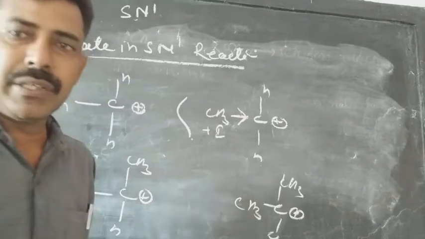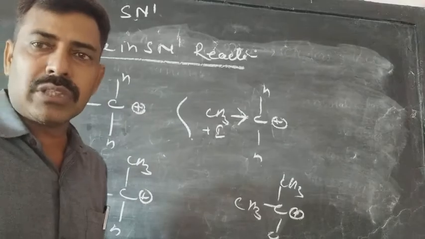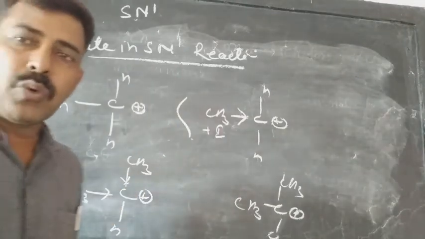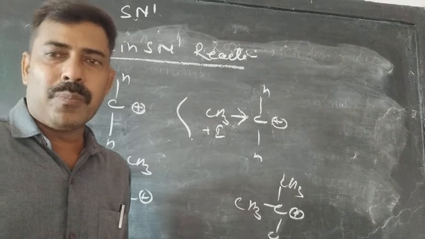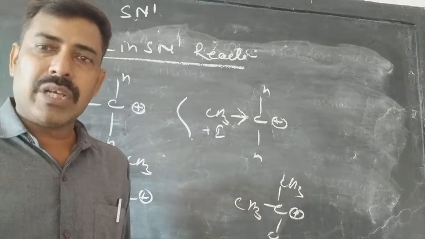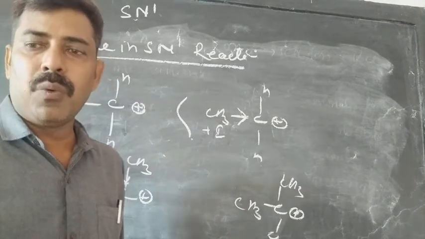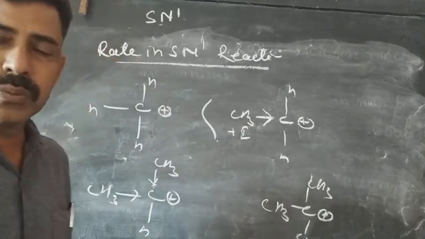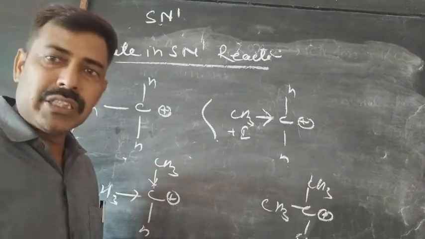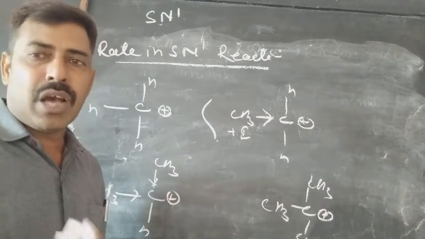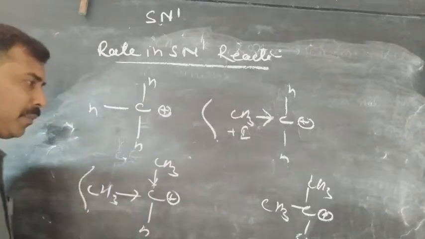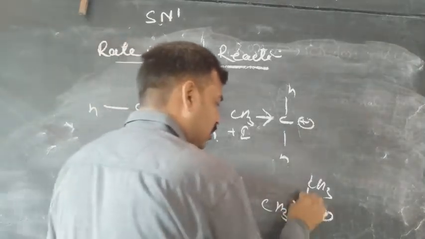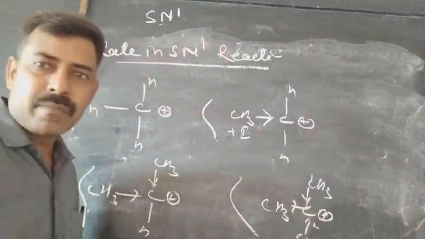What about the secondary carbocation? This one has two alkyl groups, that means two donor groups. The two alkyl groups are donating a greater number of electrons, decreasing the charge density on the carbon, so the carbocation will become even more stable than the primary one. So the secondary carbocation is more stable than the primary, and similarly the tertiary is more stable than the secondary.